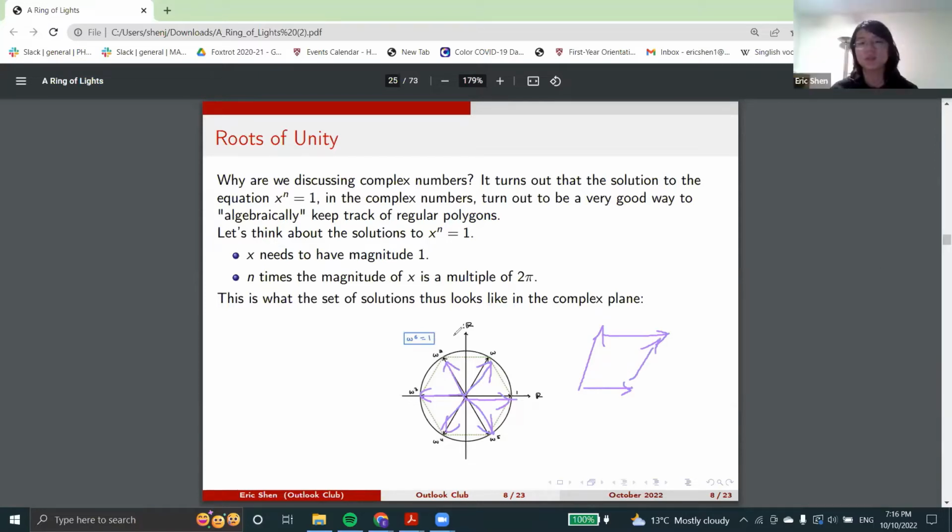Sorry. Okay. In any case, given two complex numbers z and z prime, their sum is what you get when you put the beginning of z prime at the end of z.